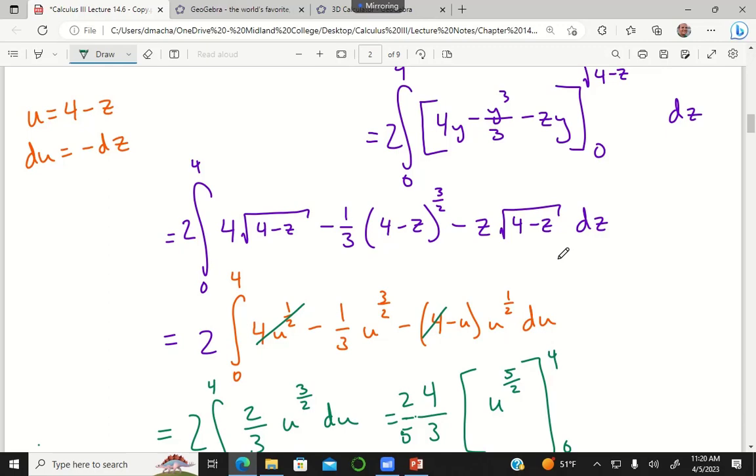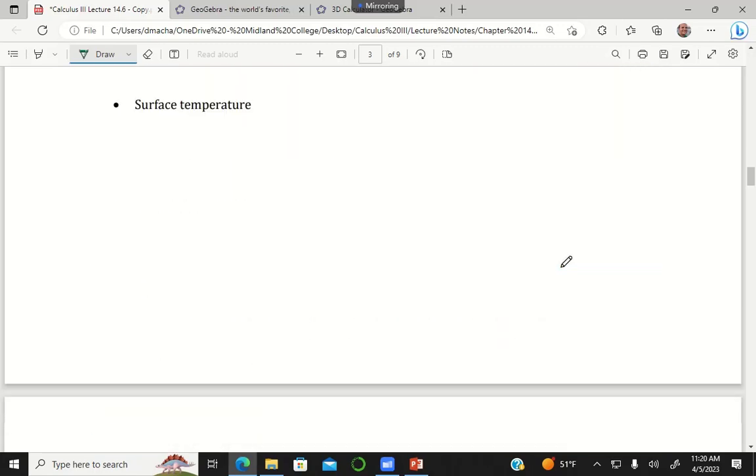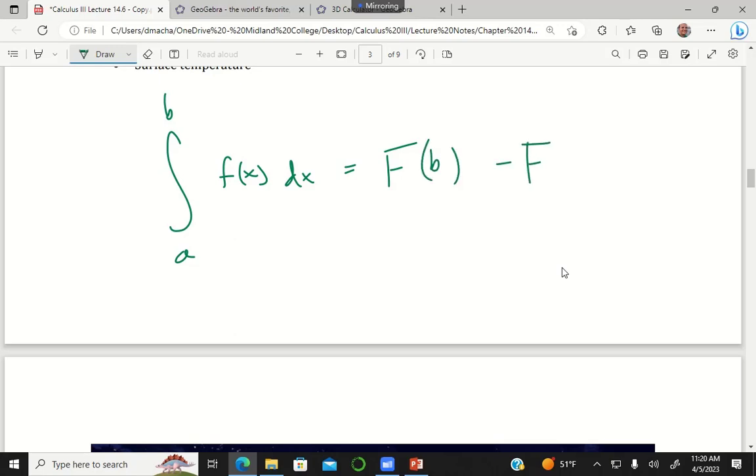Okay, so fundamental theorem of calculus. The fundamental theorem of calculus says if I have a definite integral from a to b of f of x dx, this is the antiderivative of f evaluated at b minus the same antiderivative evaluated at a, right?